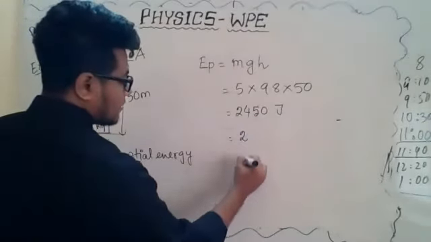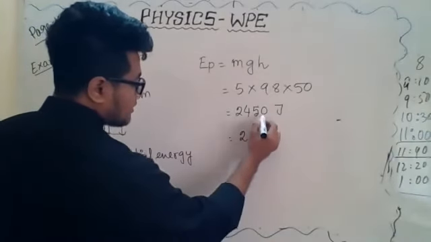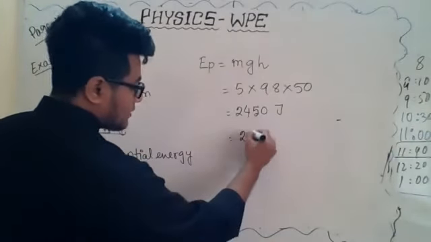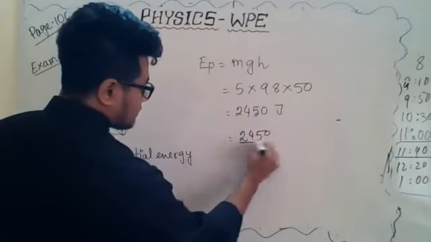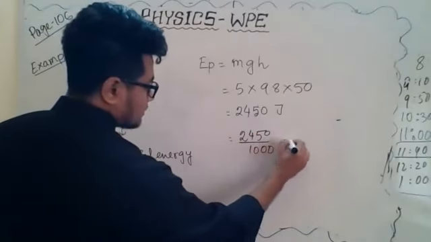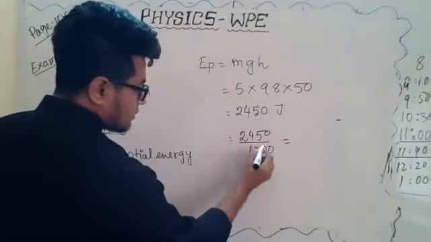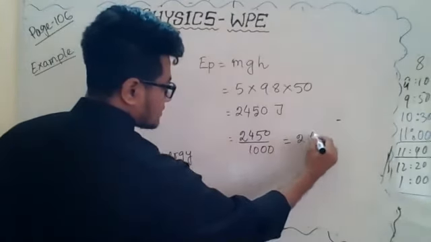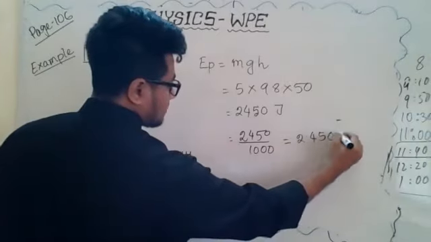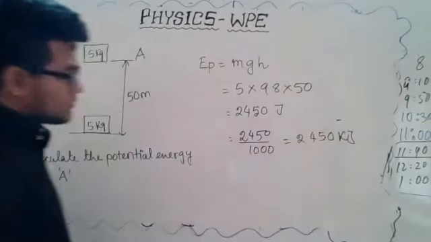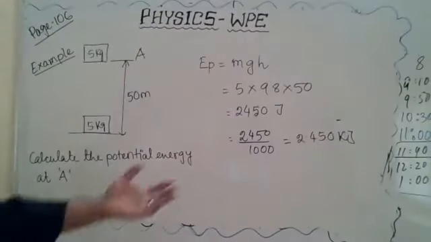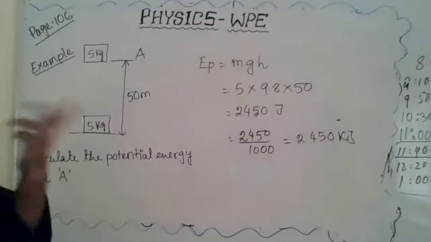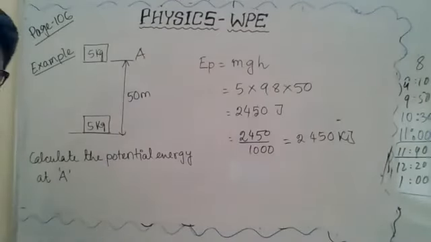If I want to convert it into kilojoule, then I have to divide it by 1000, right? 2450 divided by 1000, the decimal moves 3 places left. That gives kilojoule. This is just in case you have been asked to find the answer in kilojoule. Otherwise it is not actually necessary, and you can put it in joule also.